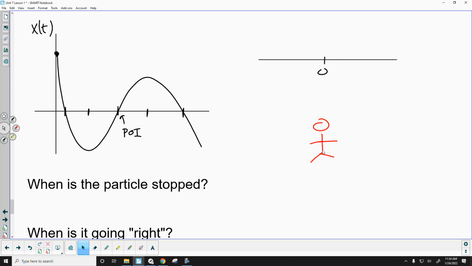If you can figure that out just by looking at this graph, then you have an understanding of what we're doing here. And answering the questions, we don't really need calculus until the last question. The whole second to last question, the velocity increasing part. So tell your neighbors what's going on with the dude on the number line by looking at this. Go.